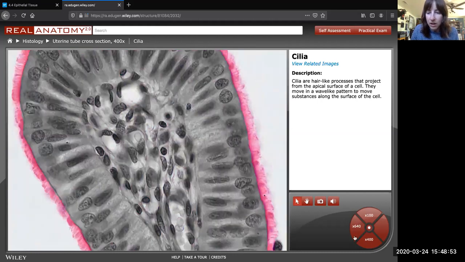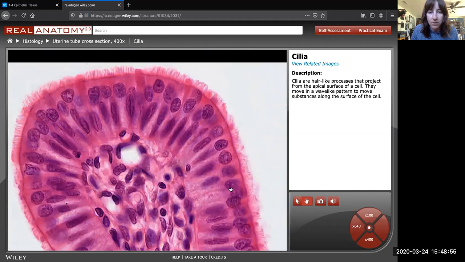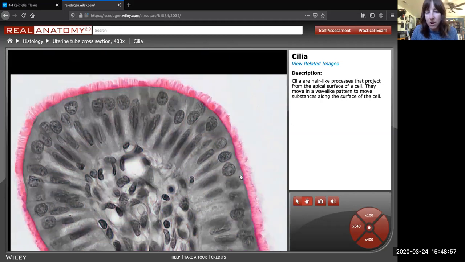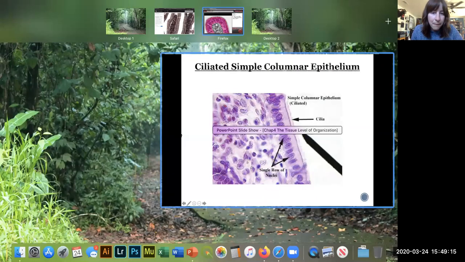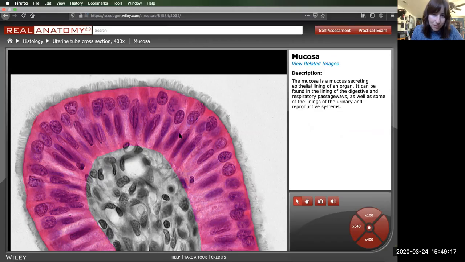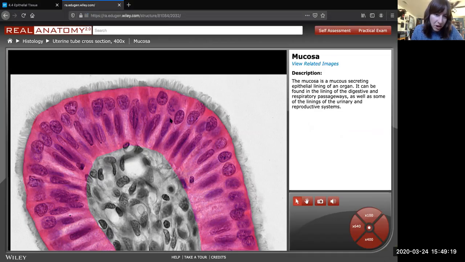So this would be a really nice example of ciliated columnar epithelium, and since it is ciliated, you know that it's columnar no matter what, right? I wouldn't use this as an example of simple or stratified because then all these nuclei are confusing.